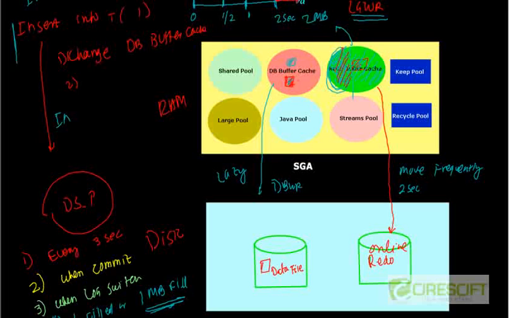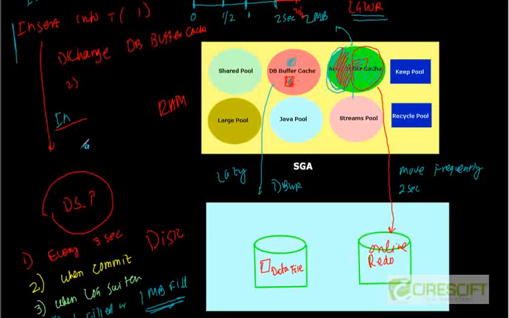For the next half a second I'm going to generate another 1 megabyte, right? So then I can reuse this for the next half second. Again, after that it is going to stop until log writer writes this amount of data. This stop means somebody doing an insert is going to wait for that.